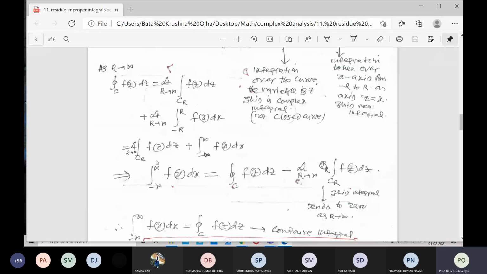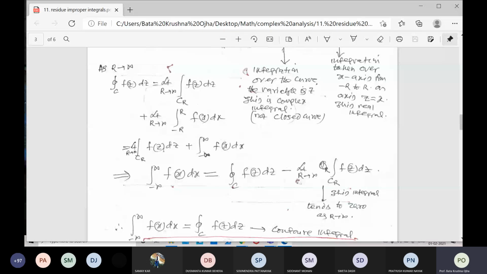Our aim is to evaluate the left side, the integral from minus infinity to infinity of f(x) dx. What is that value? It is the contour integral of f(z) dz minus this limit, so it has two terms.